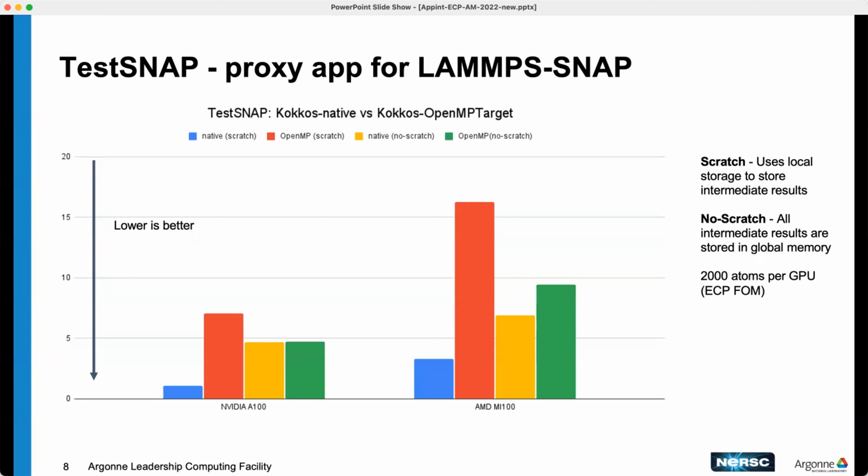And that's why if you see the performance comparison between the scratch versions in the native and OpenMP, the blue and the red bars, you see the relative difference in performance is quite high. But if you see the non-scratch versions, the yellow and the green bar, the relative difference is pretty low between the two backends. Next one.